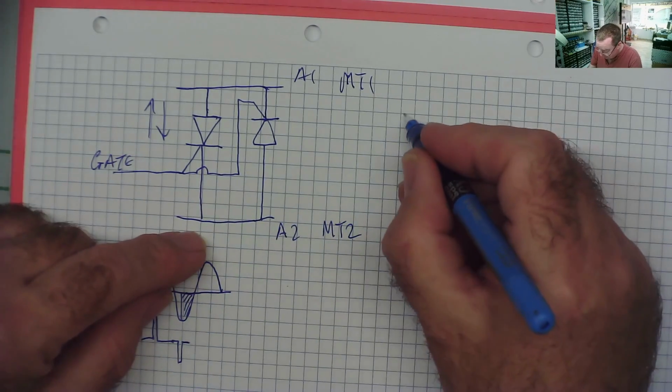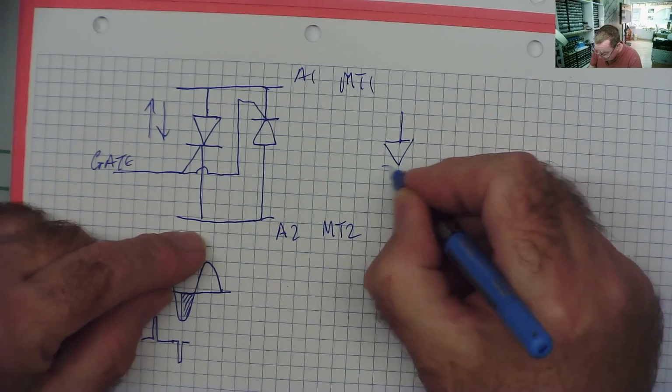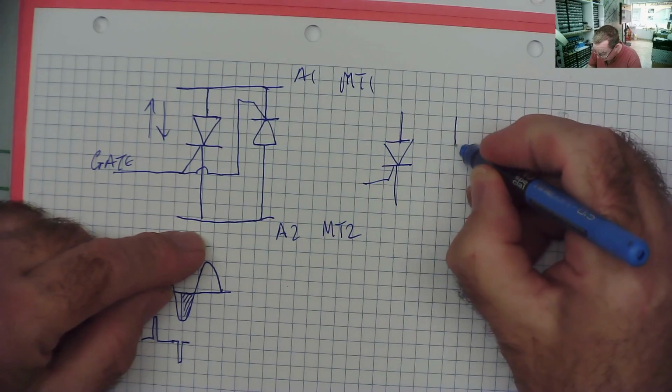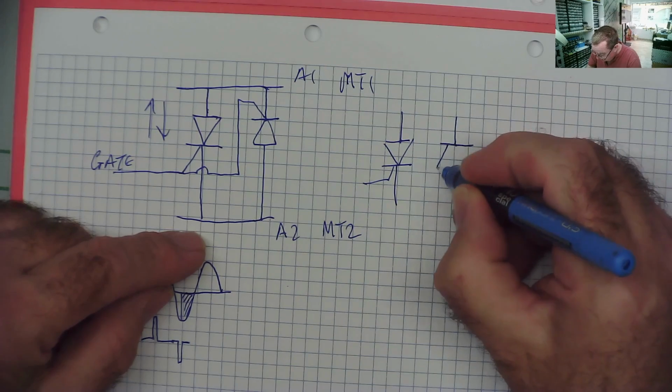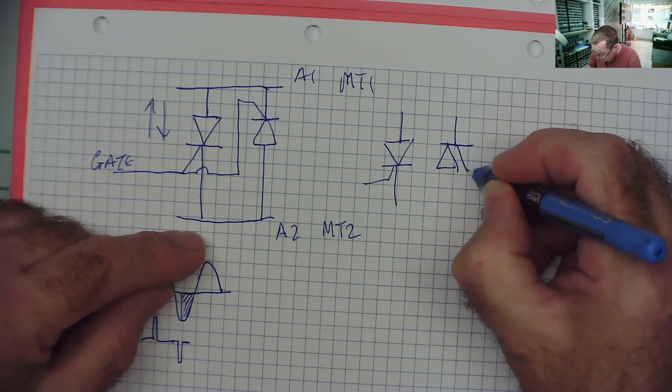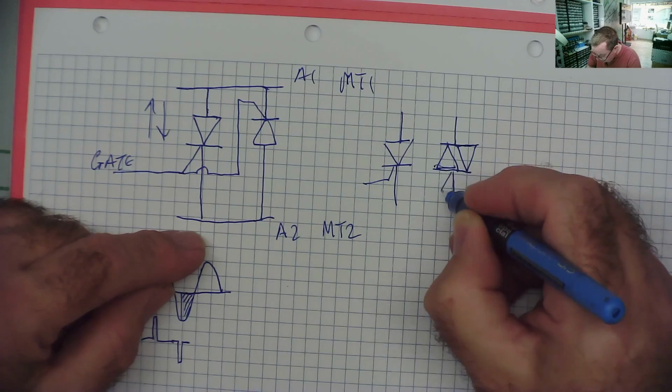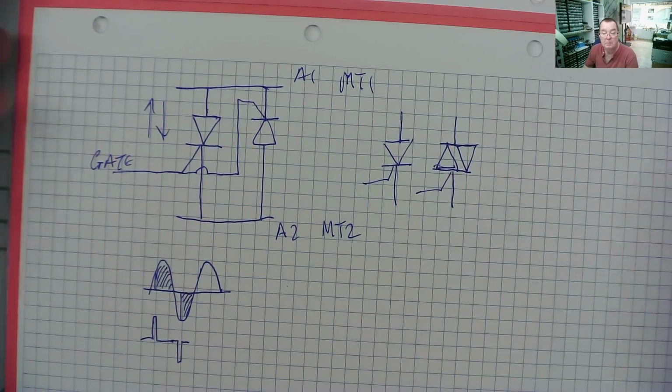The symbol for a Thyristor, you know now, is this. Okay? Symbol for a Triac is this. Okay, bidirectional.